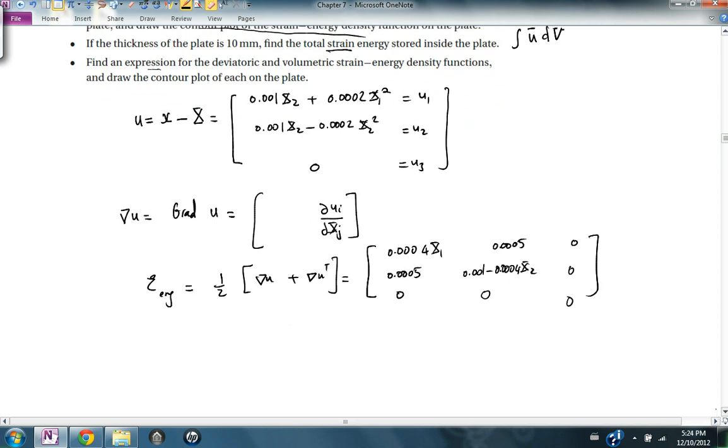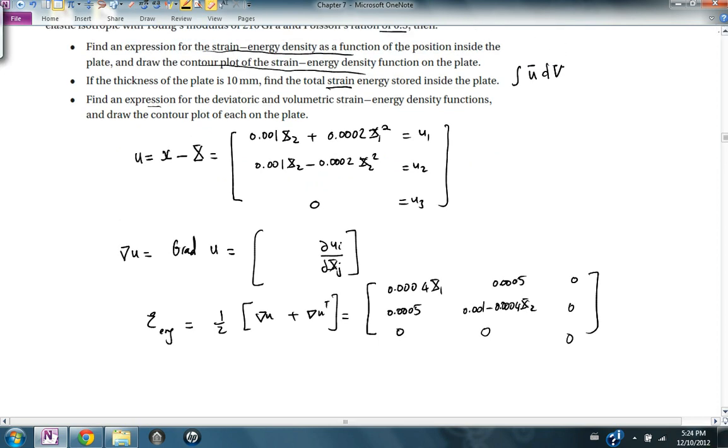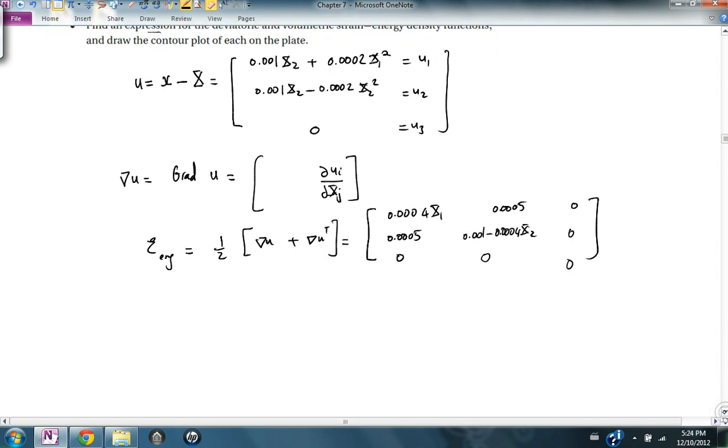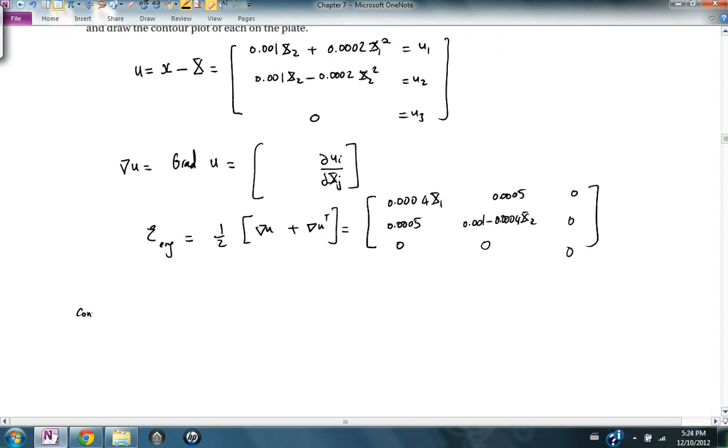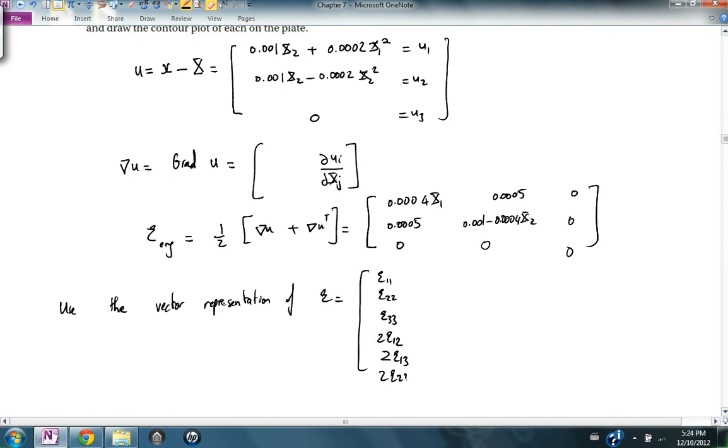The next thing is, what is the stress? Because we need to find the energy, we need to find the stresses. To find the stresses, we use the vector representation of the strain, which is given as epsilon 1,1, epsilon 2,2, epsilon 3,3, 2 epsilon 1,2, and don't forget the 2, 2 epsilon 1,3, 2 epsilon 2,3.